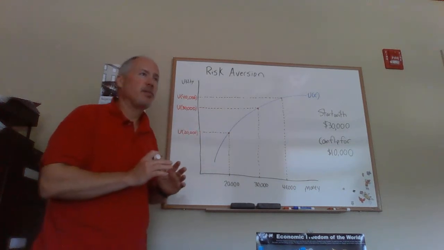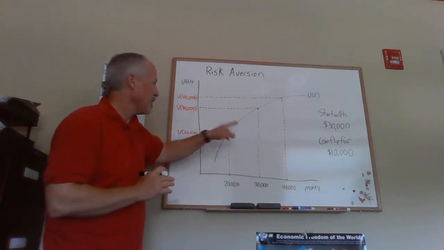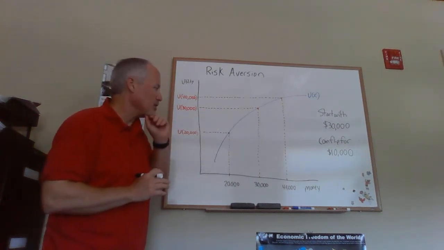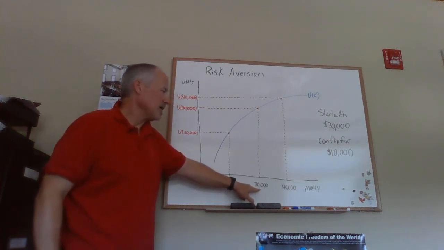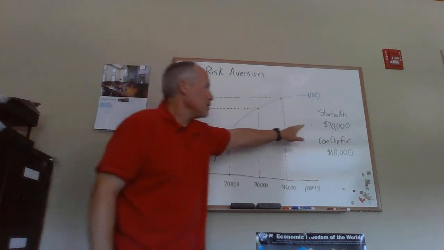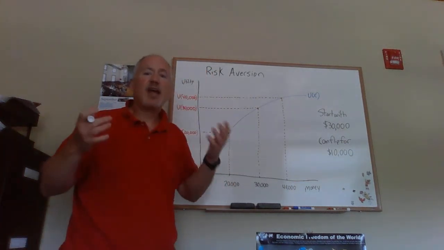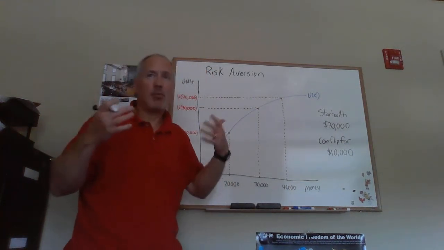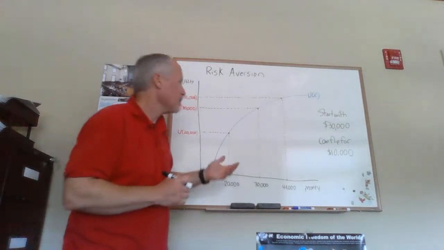Now what we want to show is that, with this shape of a utility of money function, this person would prefer not to take the gamble. We're going to imagine that they start with $30,000. If they had the choice, would they want to take the gamble or keep $30,000?